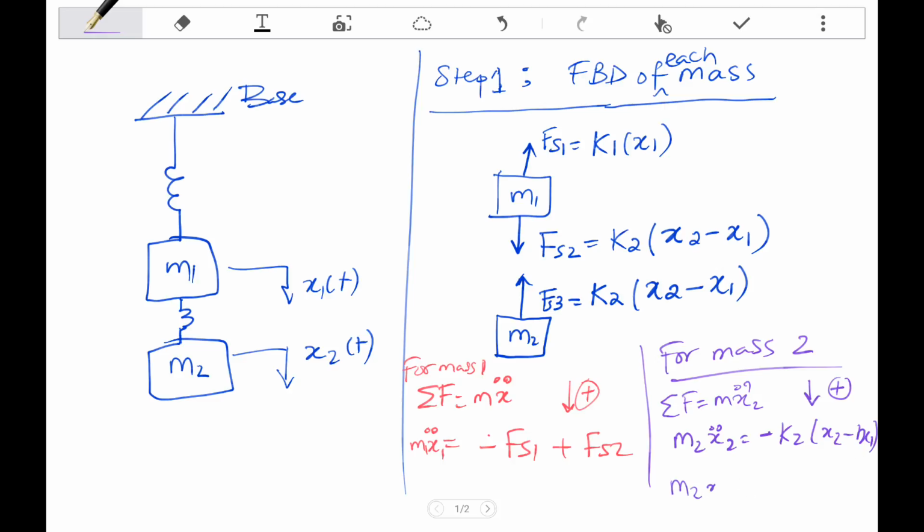So m2 x double dot 2 plus k2 times (x2 minus x1) equal to 0.